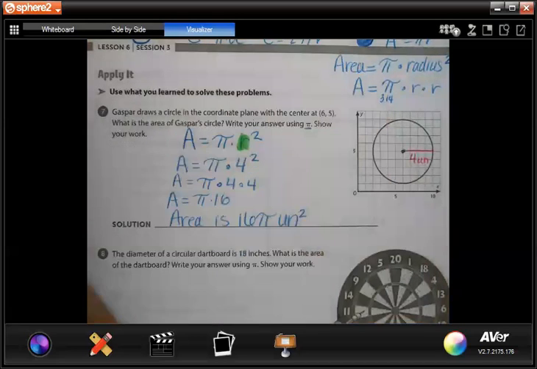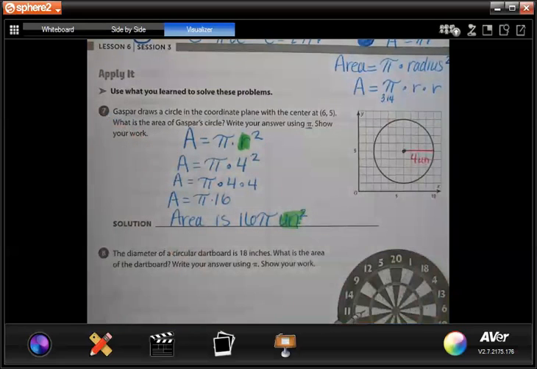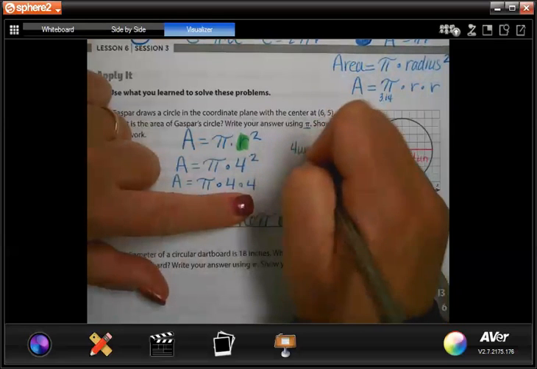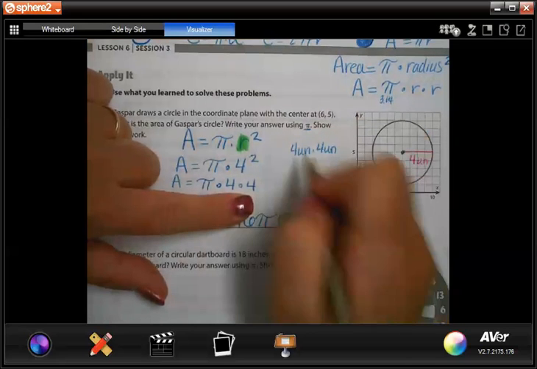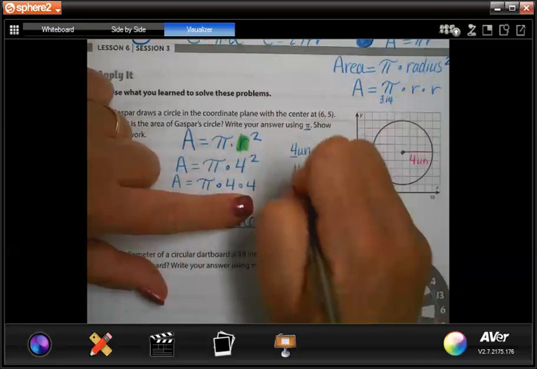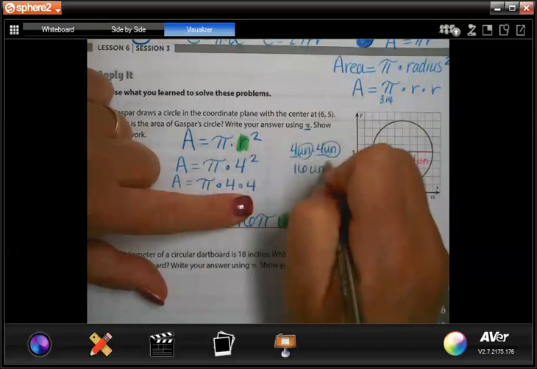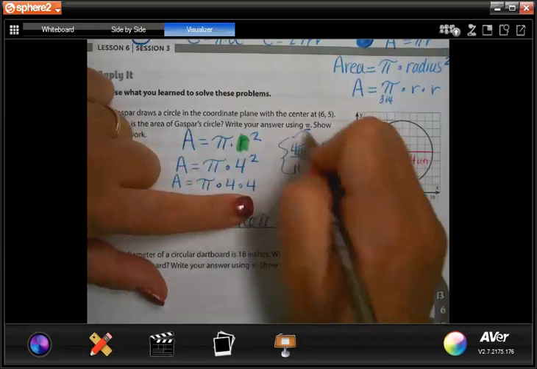Some of you are probably saying, whoa, how'd that label get here? Because in this spot I really did 4 units times 4 units, so we already knew that 4 times 4 was 16. Units times units is units squared. That's just a little tidbit of information.